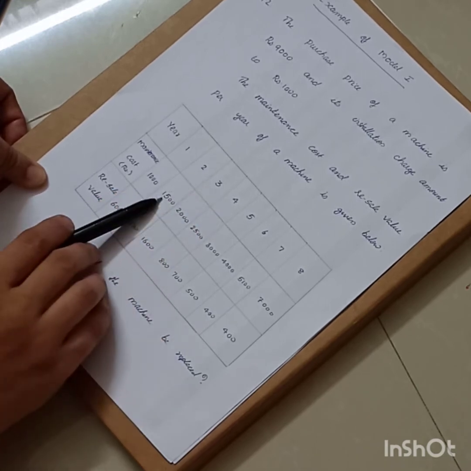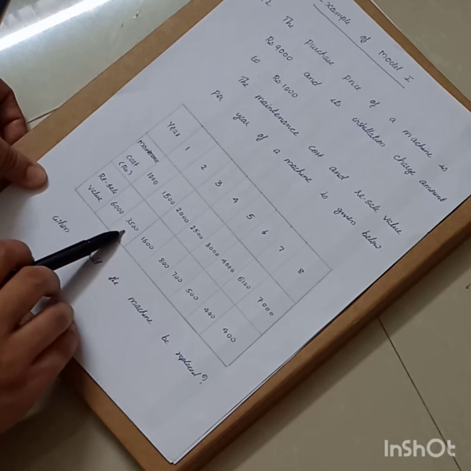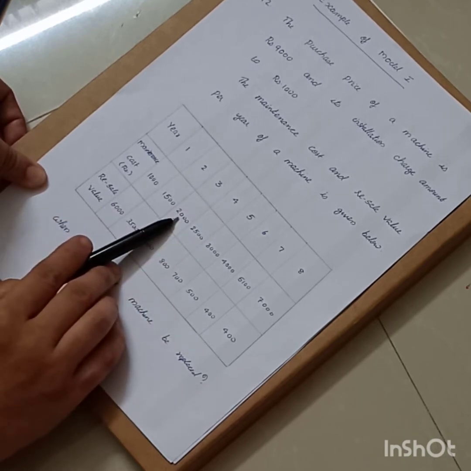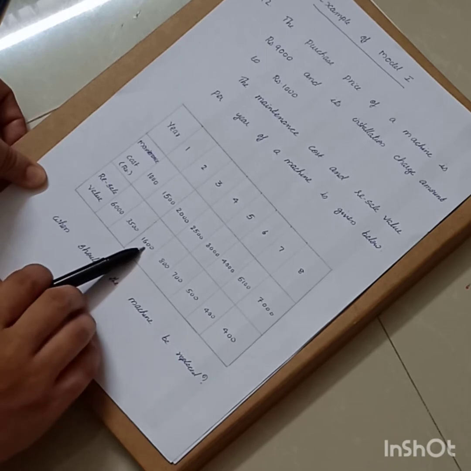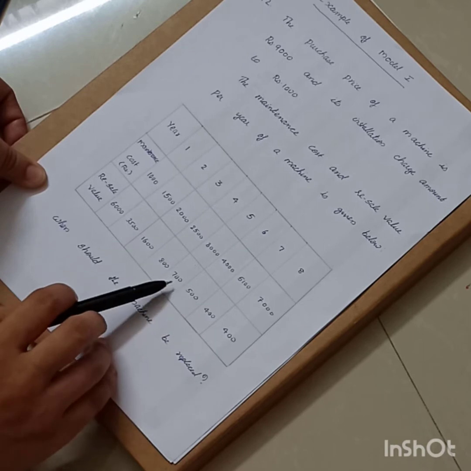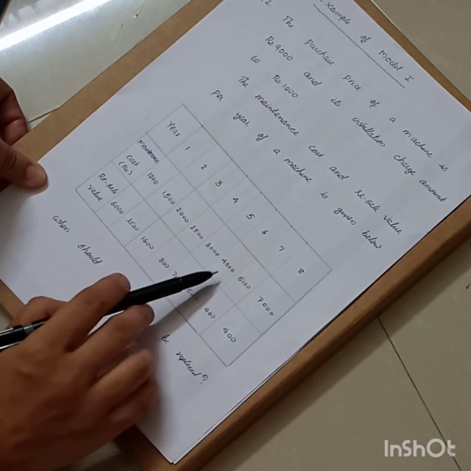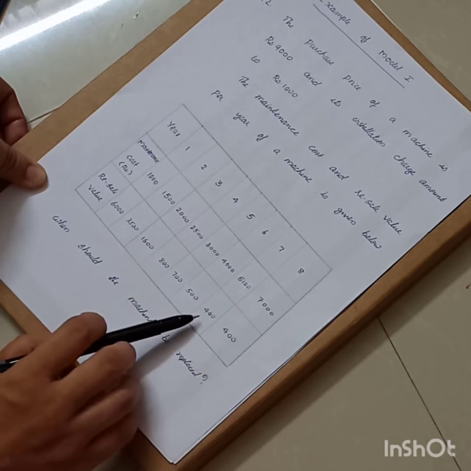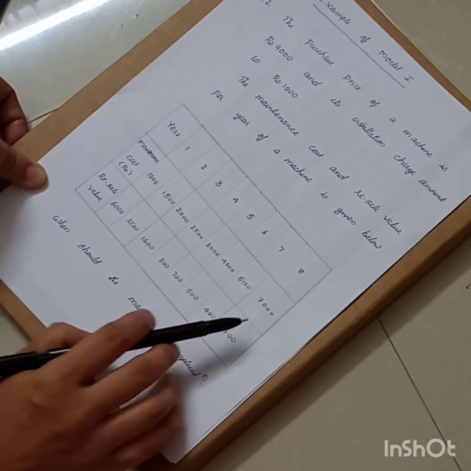Second year maintenance cost is 1,500, resale value is 3,500. Third year maintenance cost is 2,000, resale value is 1,600. Then fourth year 2,500, 800, then for sixth year 4,000 and 500. Seventh year 5,100, 400. Eighth year 7,000 and 400.